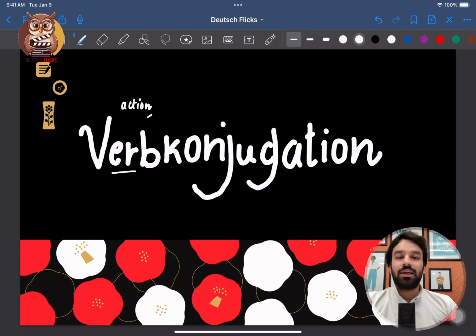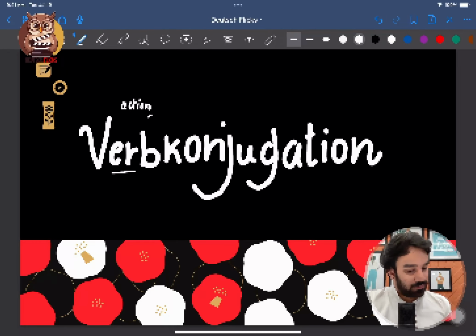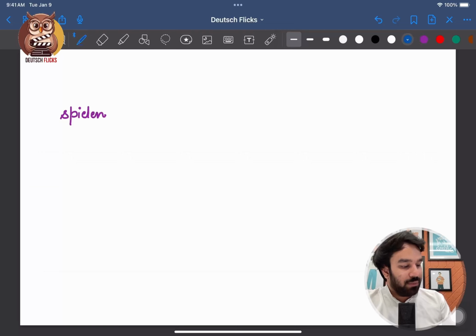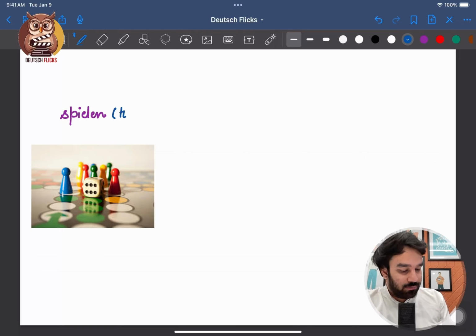Before starting with the conjugation of verbs, let's take a look at the concept of root and ending. So let's take the example of the German verb spielen. Spielen means to play.